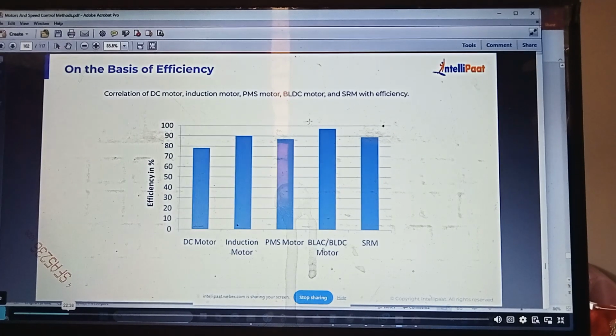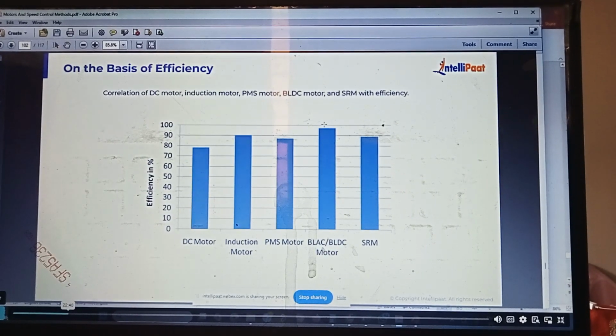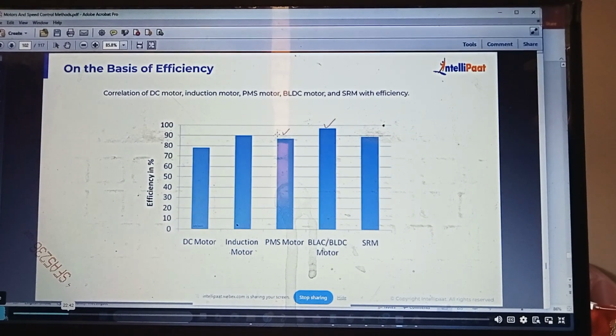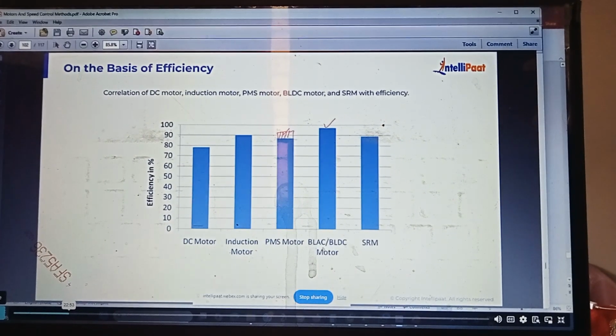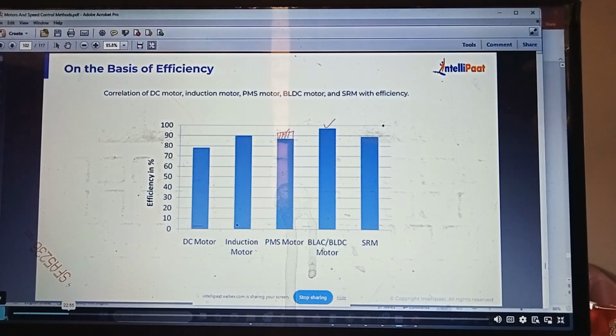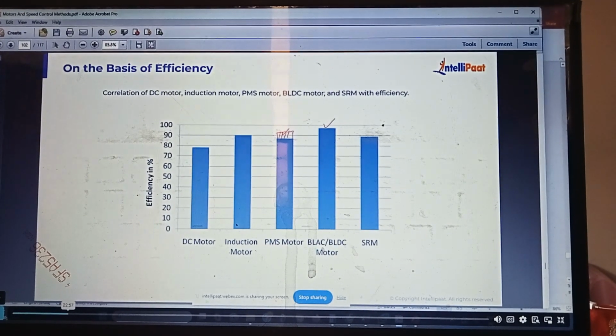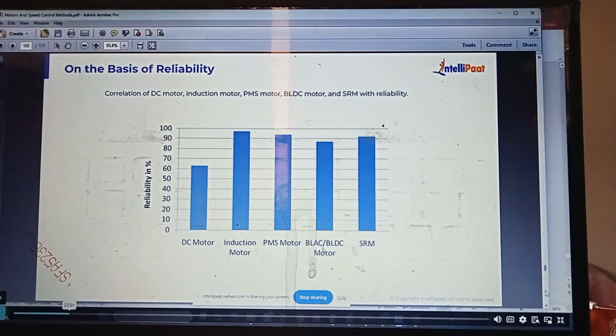So here you can see that typically this BLDC is better compared to other motors. That is one of the major reasons PMSM and BLDC are that popular. So typically efficiency of PMSM is higher than efficiency of induction machine.